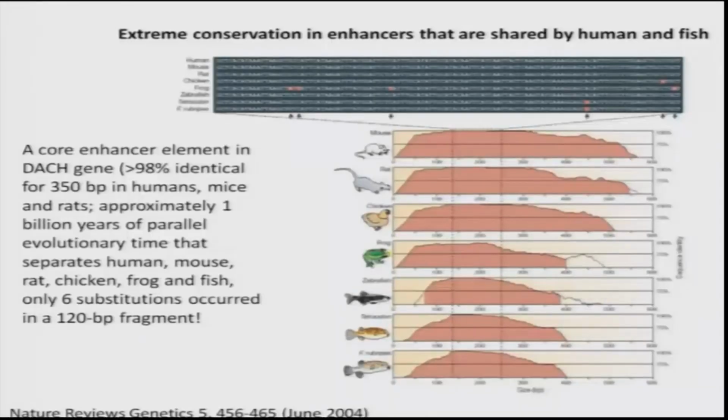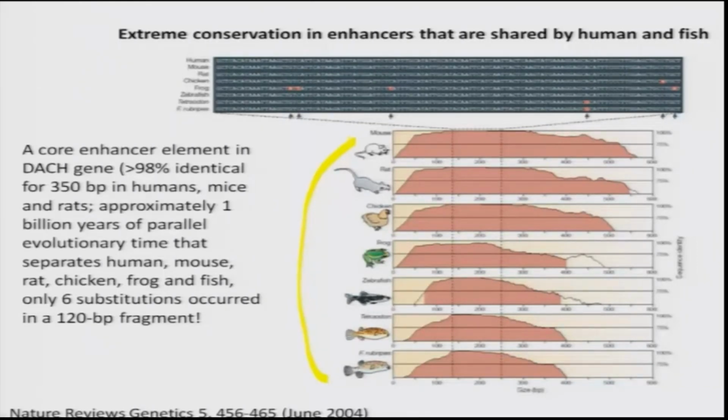So, I am giving you some examples. This is a gene called DACH. Let us not worry about what the gene is, but what is interesting here is that we are comparing from fish to mouse a small segment of the gene, which is the core enhancer element. It is present in one of the intronic regions, and this is not coding for any protein.